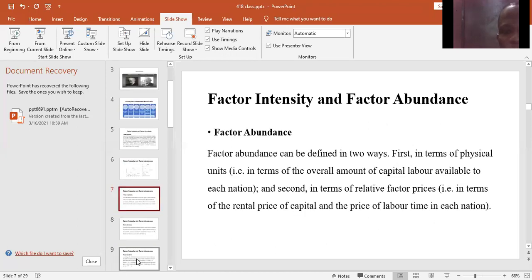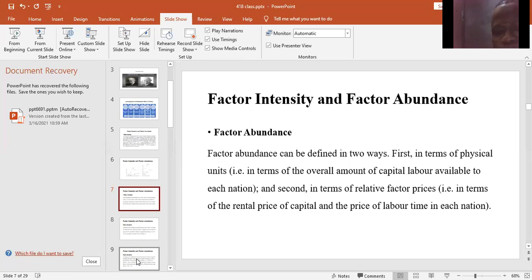Now, moving away from intensity, let's look at what we mean by abundance. When you say a particular country has a particular factor of production in abundance, the same thing we apply in the case of factor intensity applies here.